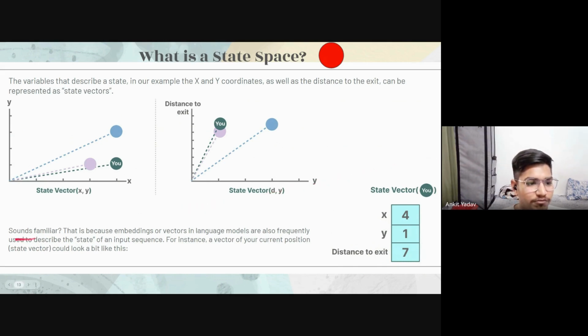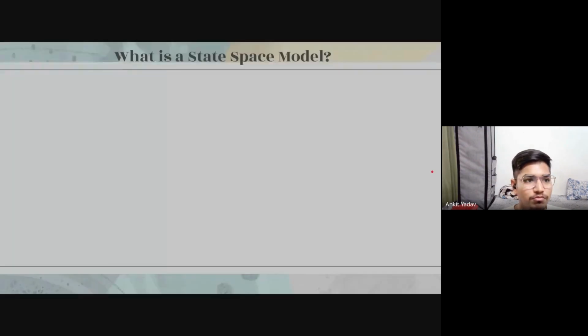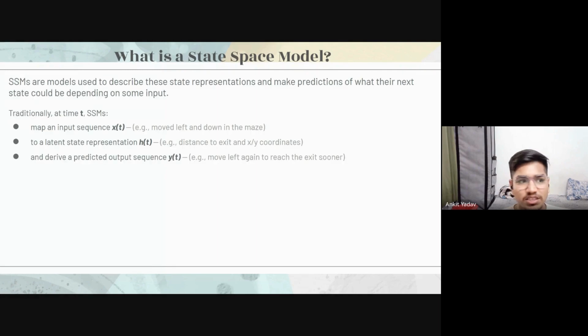And if I just say it in one line, an SSM basically describes how these states are modified so that we can make a prediction of what their next state could be depending on some input.